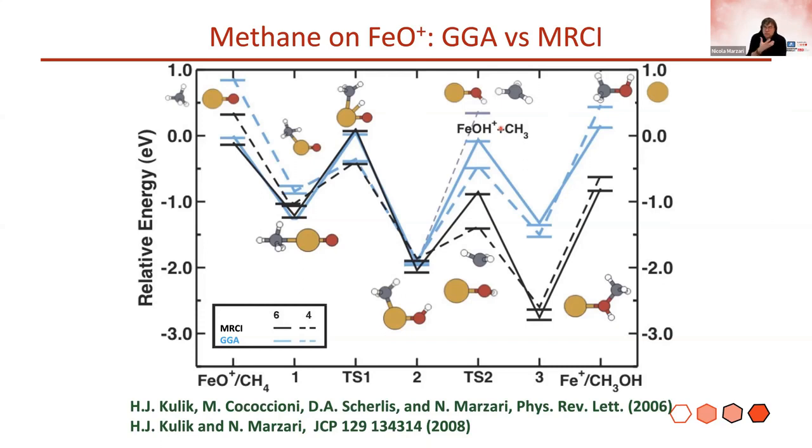I think this was one of the very first times in which we did super accurate quantum chemistry calculations with multi-reference configuration interaction and compared those with density functional theory for a very simple reaction. This is an example in which methane transforms into methanol thanks to the action of a catalytic center, iron oxide plus, that inserts this red oxygen into the very difficult bond to break, the carbon-hydrogen bond. This is a very fascinating reaction.